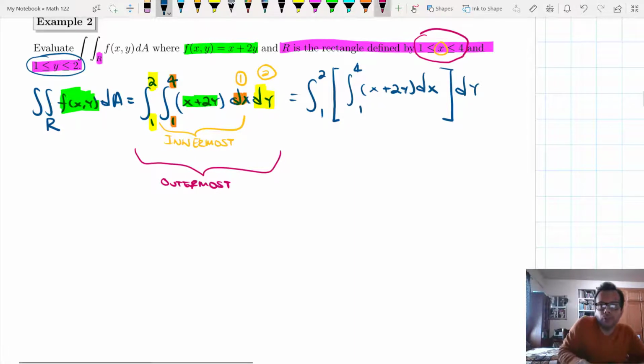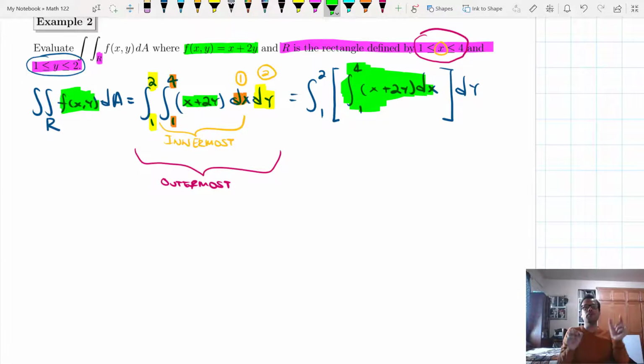We are going to focus on evaluating the integral I'm highlighting in green first.